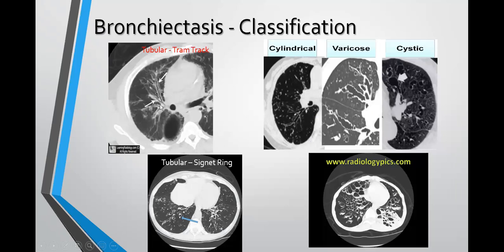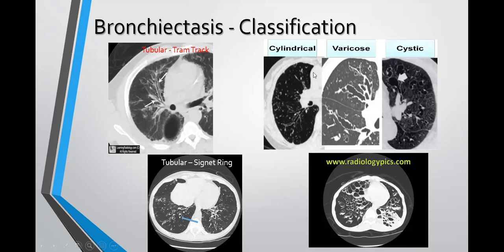It's thick and wider than it should be. This is the tubular one here. They should not look like that. You should barely see them, but because they're so fat and dilated, these bronchi and bronchioles are dilated all the way through. So that's called tubular bronchiectasis.